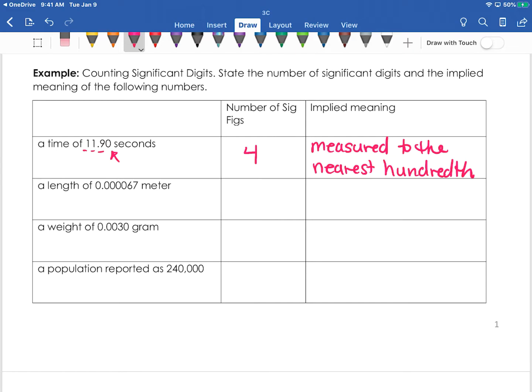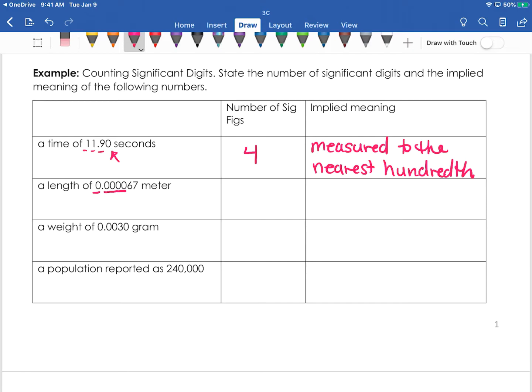Okay, in the second example, we have a length that's measured in meters. We have 0.000067. When we look at those zeros, we have these zeros, and we have this 0 here, but they are not between 2 significant digits.